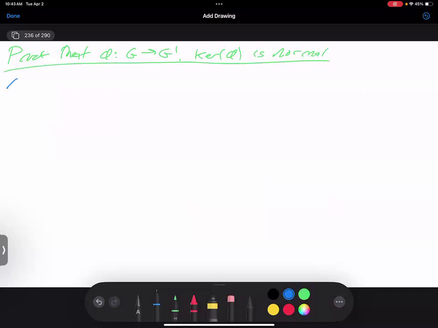So we must show g inverse kernel of phi g equals the kernel of phi. Right? That's what it means to be normal.